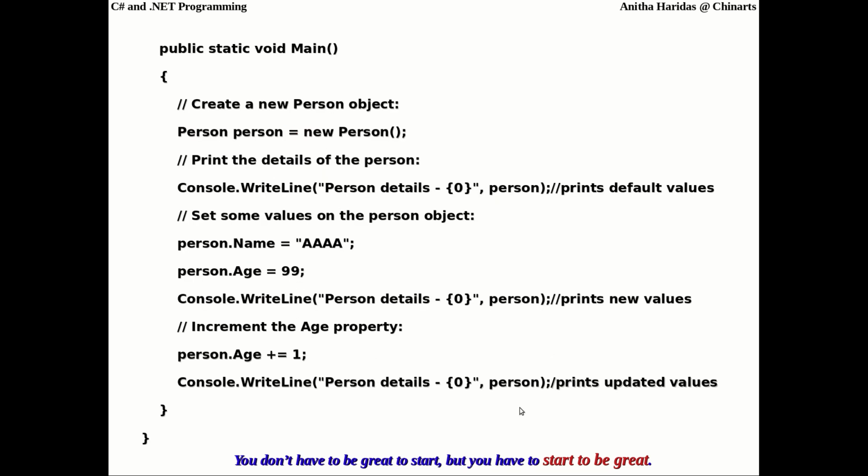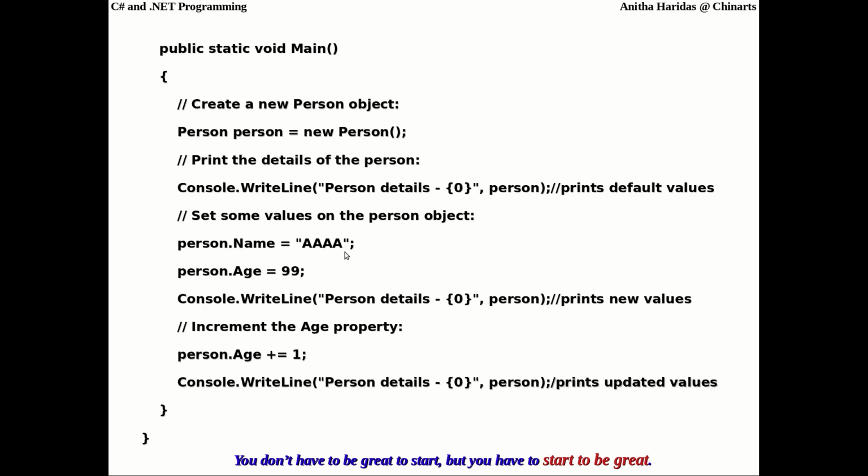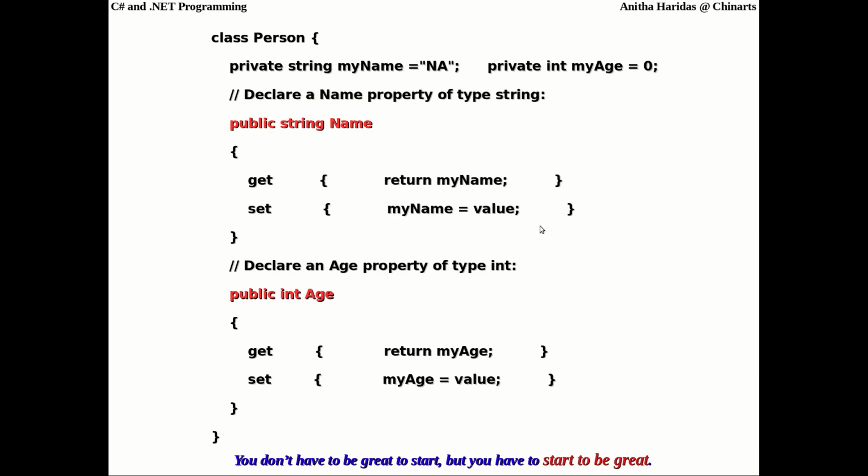So now this class is defined in this particular program. I am creating a new person object here, and I am going to print the details of this particular person. I am not assigning any value here, I am just printing it, so it will be printing the default value. Now what is the default value assigned here? This is the default value. Member initialization, we have already discussed.